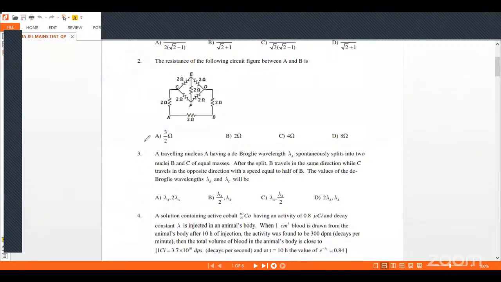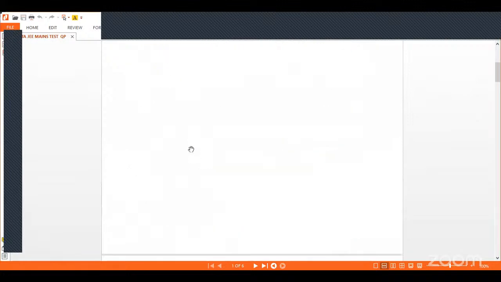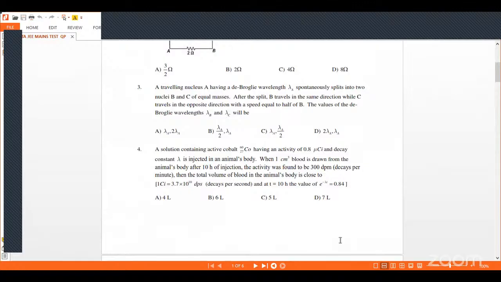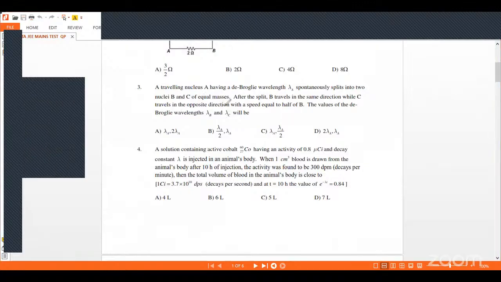Next one. A traveling nucleus A having de Broglie wavelength lambda A spontaneously splits into two nuclei B and C of equal masses.